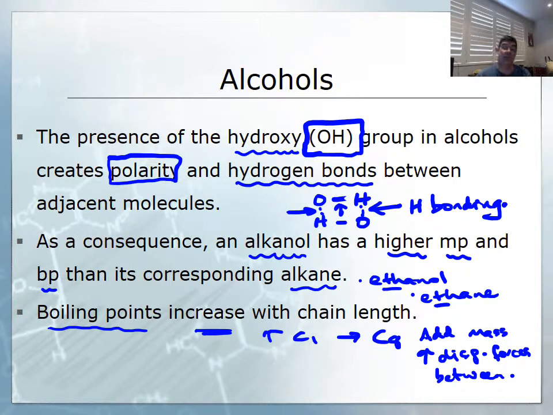So as the molecule increases in size, we find more and more dispersion forces between them, and so the forces holding those molecules together are a little bit stronger, and we need a bit more energy if we want to pull those apart. Remember, all we're doing is moving the molecules apart from one another. We're not actually breaking the molecule itself down.